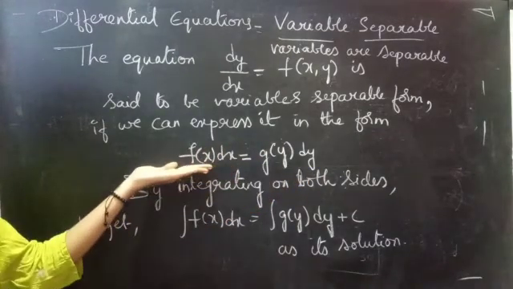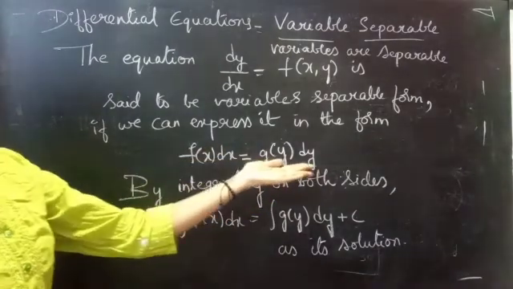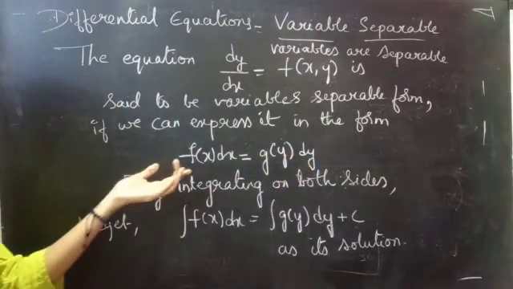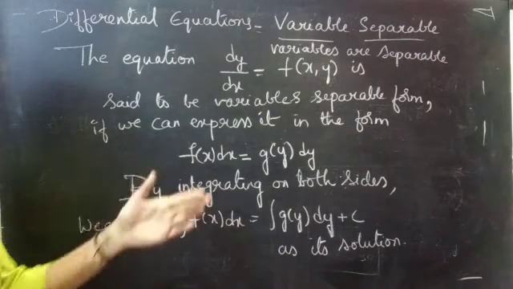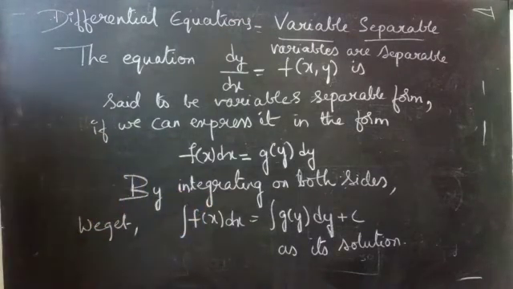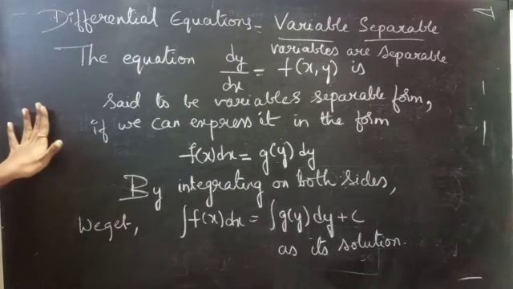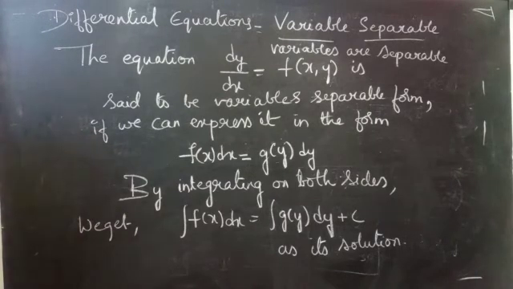After that, we'll integrate it on both sides. Finally, we'll get the solution, right? So, this is what we call the variable separable method. Okay. So, let's see a few problems.